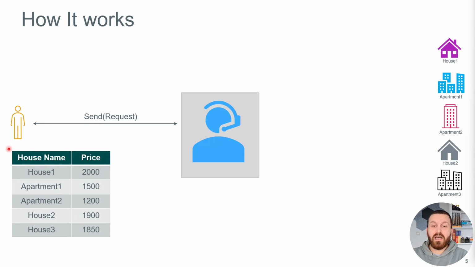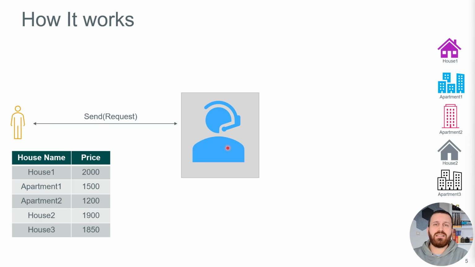I mean, the client needs to send the house name or the ID or some identifier for each of the properties to the agent and send some parameters. For example, in our example, we need to tell them how much we are willing to pay for this rental property, 2,000 euro, 1,500 euro, and so on.